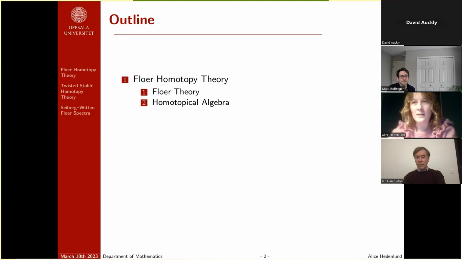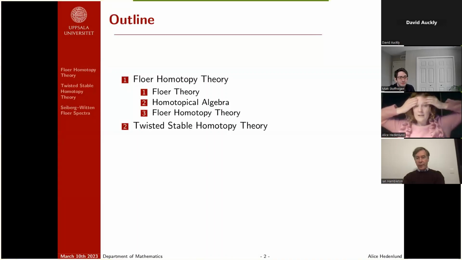Then I want to give a brief introduction to homotopical algebra, or the sort of homotopy theory that I come from, and how I view homotopy theory as fitting in this situation. And then I want to combine those two. So I want to discuss very briefly what Floer homotopy theory is and what the program is trying to achieve, basically.